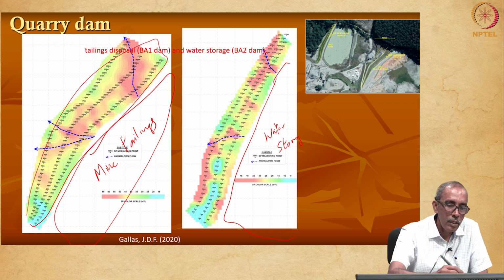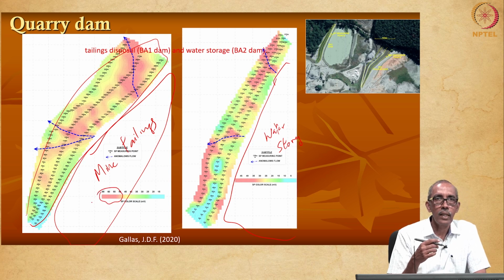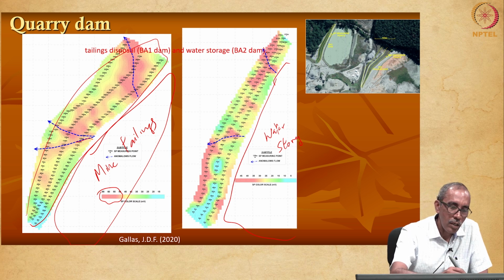A slightly dark red or orange color indicates higher cell potential value. They are the pathways along which there is some leakage. So, we could detect the leakage along these principal paths.